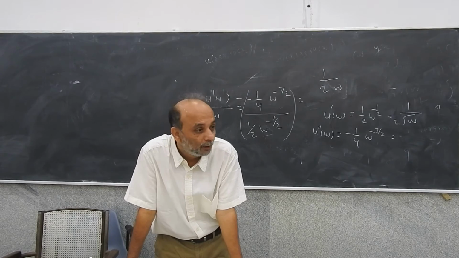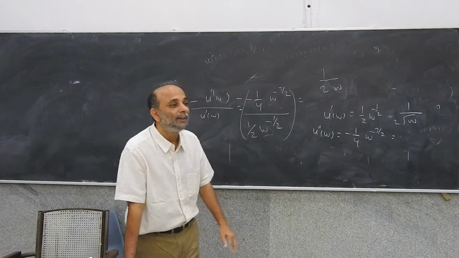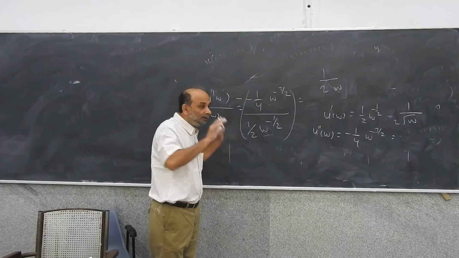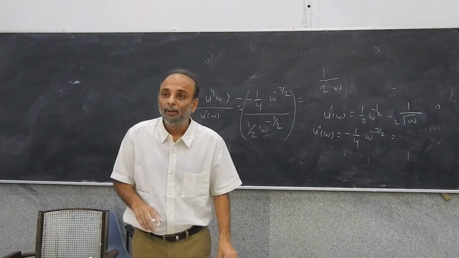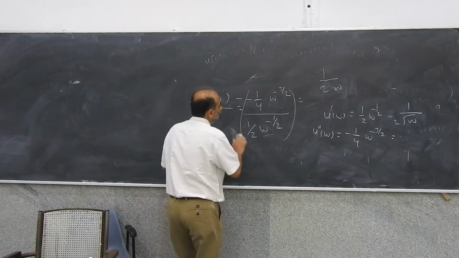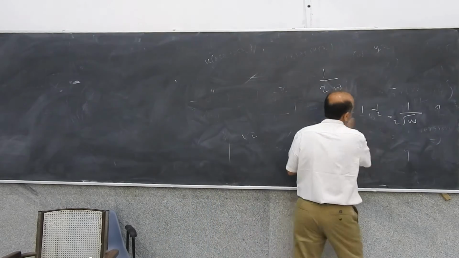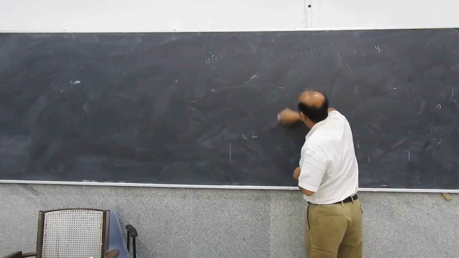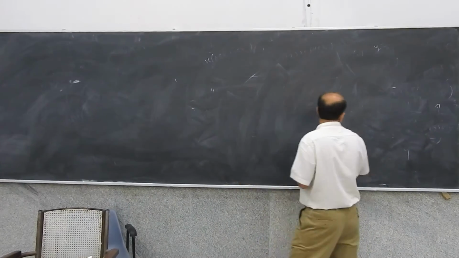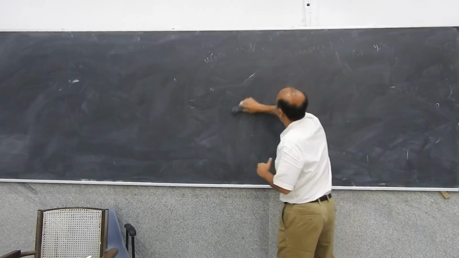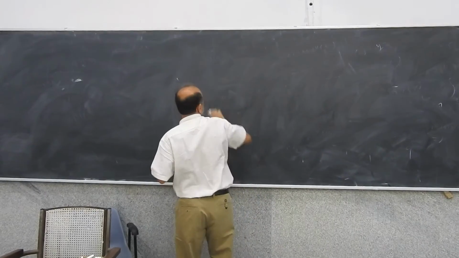This person's absolute measure of risk aversion will be 1 upon 20 if W is equal to 10. This is clear to everybody? So that's how one thinks of risk aversion. What you calculate is the Arrow-Pratt measure of absolute risk aversion.